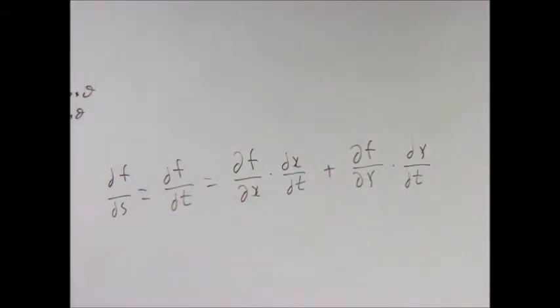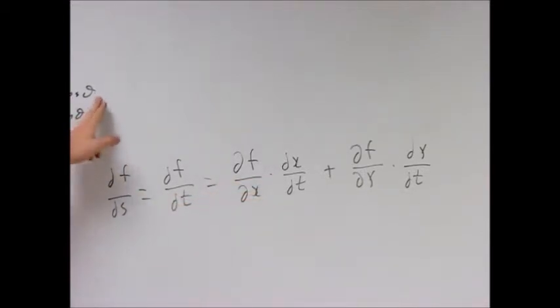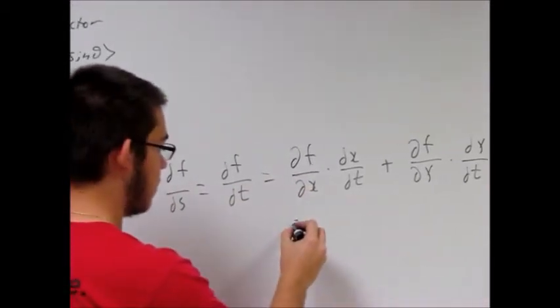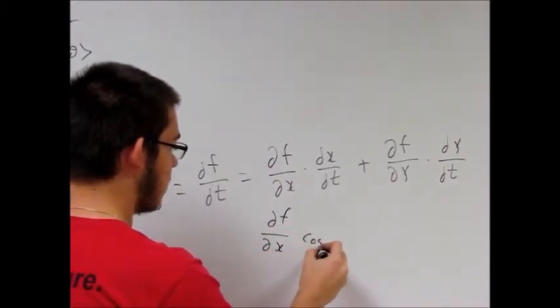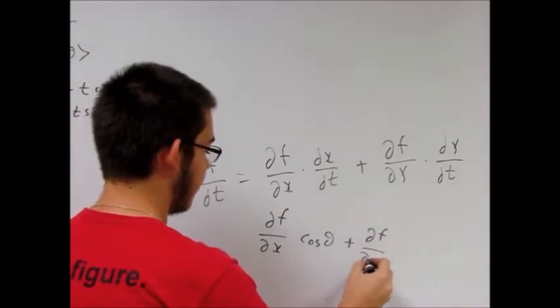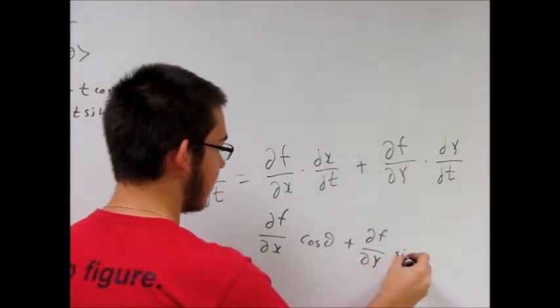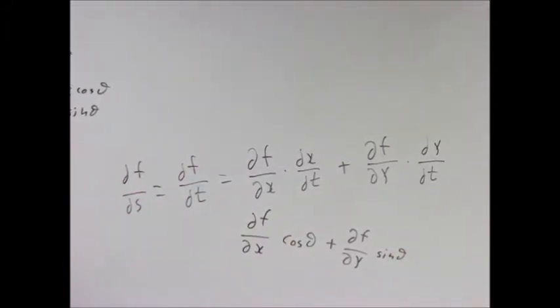So that's just chain rule for several variables. And now we know that the derivative of x with respect to t, again, this is cosine of the angle, plus the partial of f with respect to y times, well, there's a sine of theta, the derivative of y with respect to t.